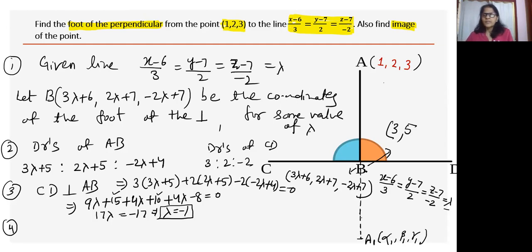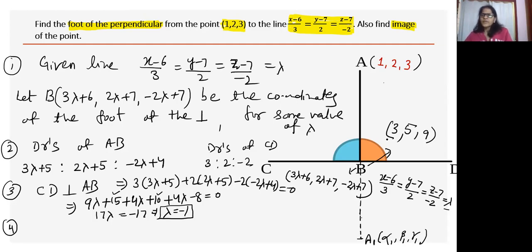Then minus 2 into minus 1 is 2, 2 plus 7 is 9. So this is the foot of the perpendicular. Is it clear? The foot of the perpendicular is (3, 5, 9). If the question is finding the foot of the perpendicular, it is done here. We have to stop here.